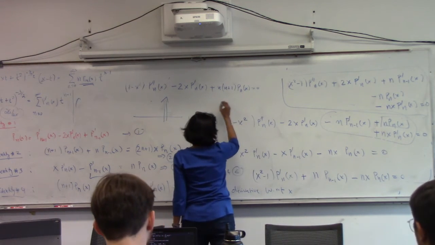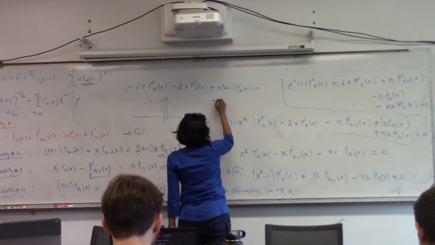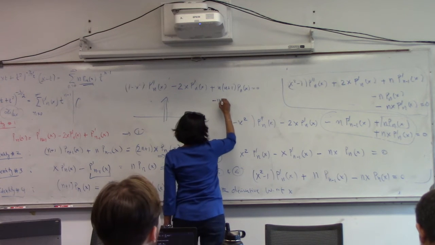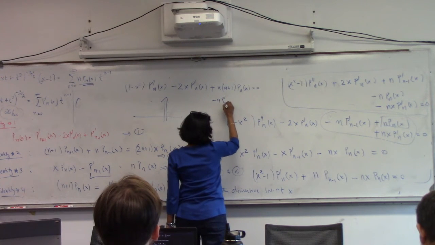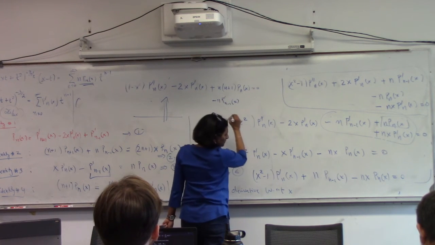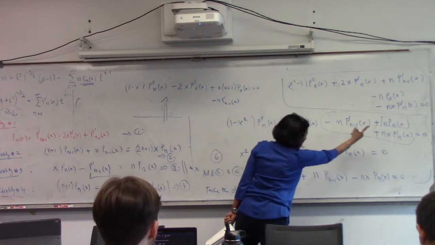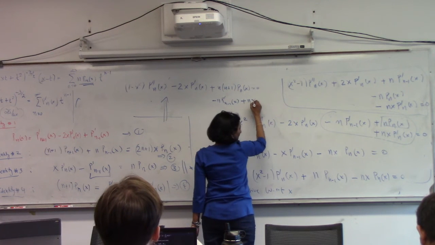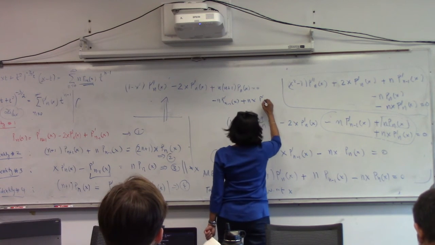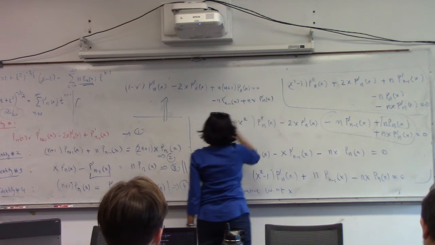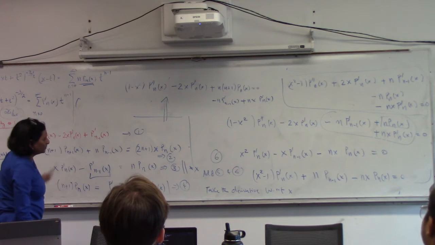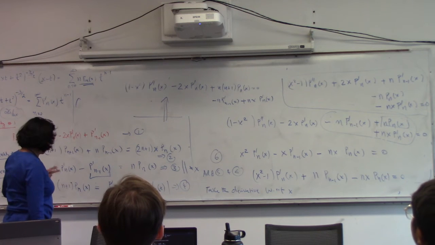So is there an identity on the board which is going to give me n squared P_n(x) with that, okay? We have this. That I need, it's in the right form, I don't have to do anything with that. n x P_n prime(x). So an identity that's connecting P_n and P_n prime and P_{n-1} prime, which becomes P_n.